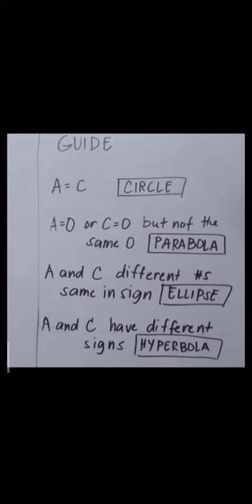Like if A is equal to positive 5, then C must also be positive 5 in order to form a circle. But if not, automatically that is a hyperbola. So lastly, we have to notice if the values of A and C are different, then that equation forms an ellipse.